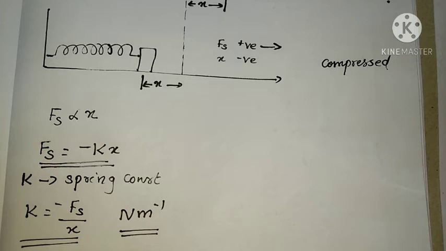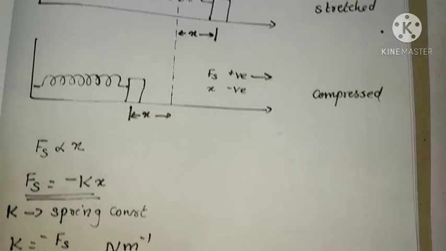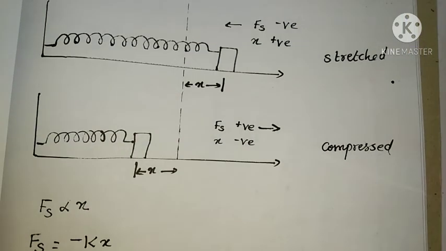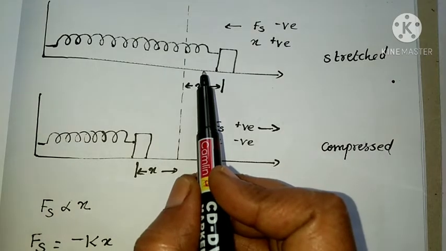To calculate the potential energy of the spring, first you have to calculate the work done by the spring force. That work done by the spring force is stored in the form of potential energy. So, to calculate the work done by the spring force, first you have to assume that the spring moves through a small distance dx.